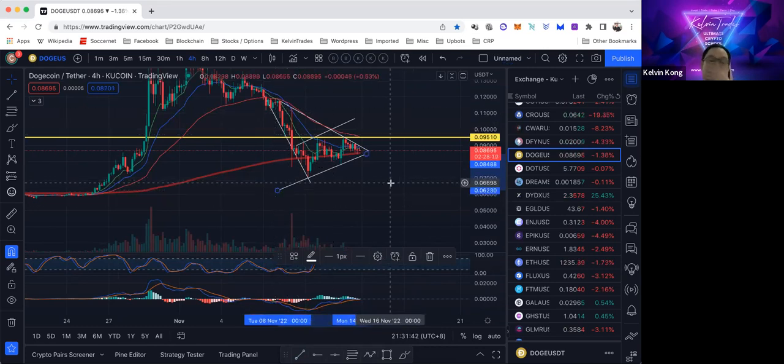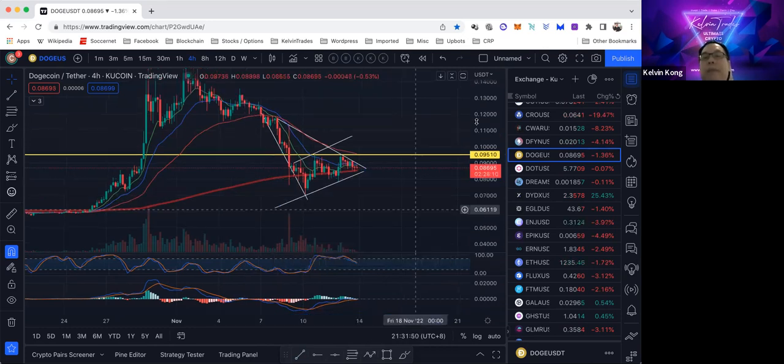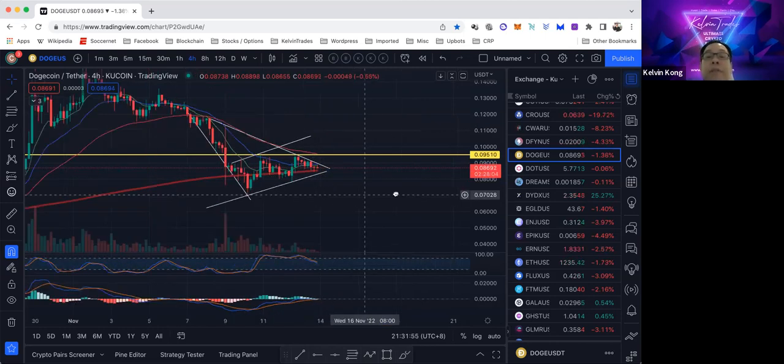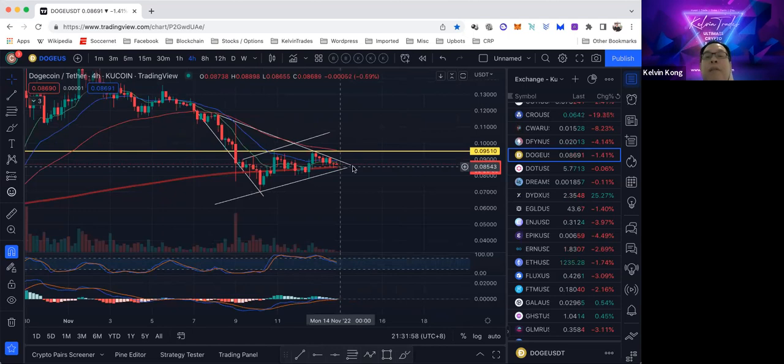So very simple. There's a chance to go down because there's a bear flag. And how you trade a triangle, very simple. If it breaks out, you long. If it breaks down, you short. And it's very near towards the end of the triangle.